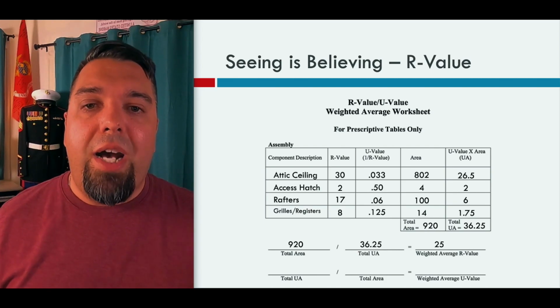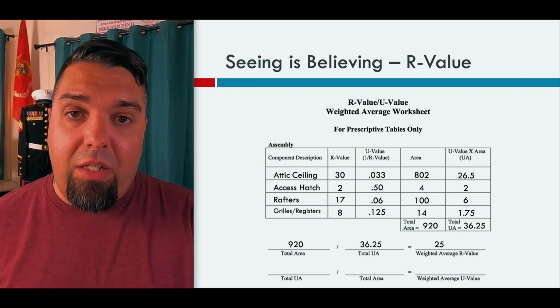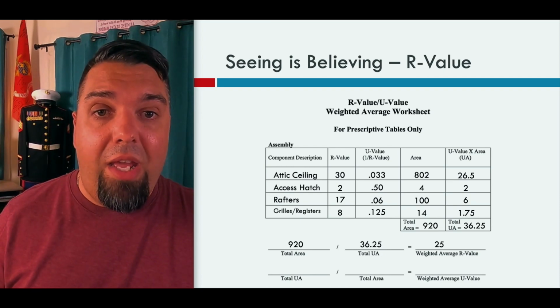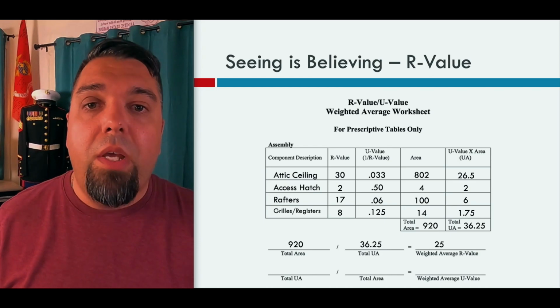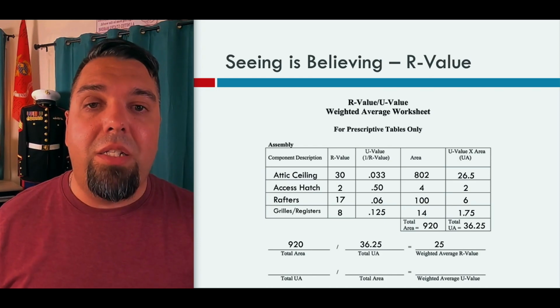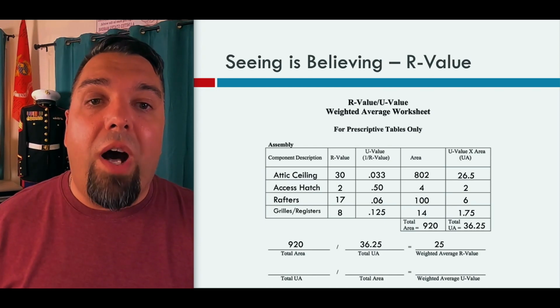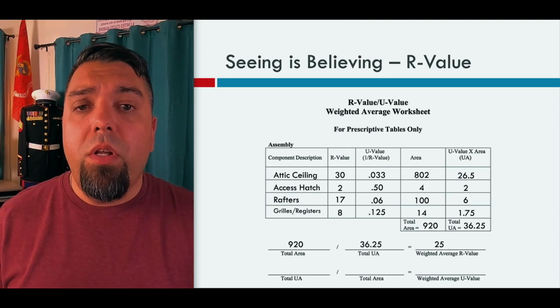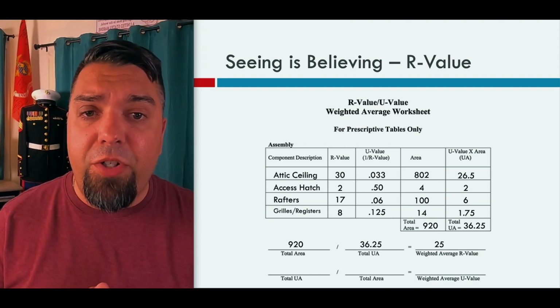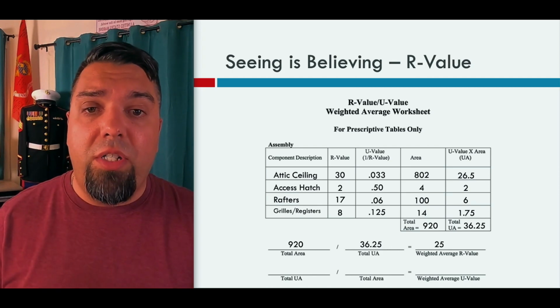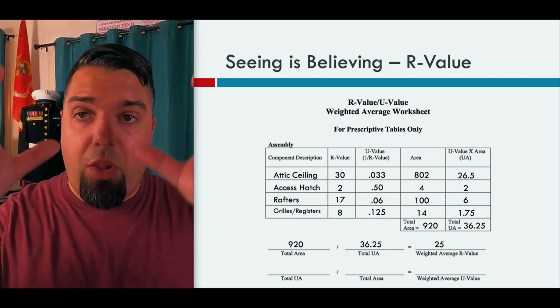This is what it's going to look like for you. As an example, I have an attic ceiling and I saw that 8 inches of cellulose, that's R30, right? I have an access hatch and it's uninsulated. I have an R2 value for wood, R17 for rafters, and then of course grills and registers are insulated to R8 where all of those holes are.